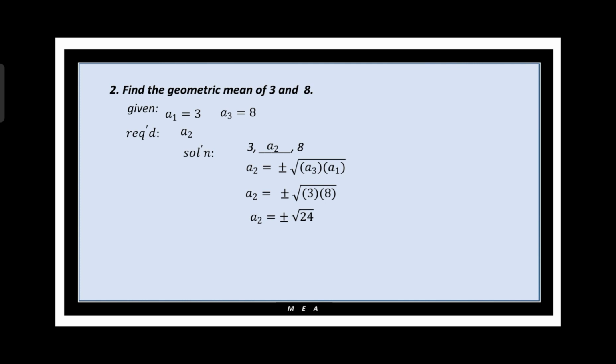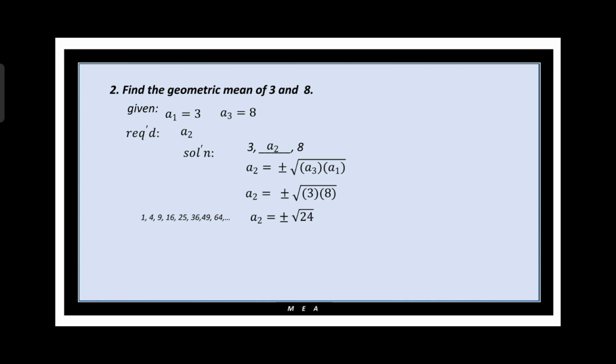Okay, so there is a rule in radicals na para masabi natin siyang simplified form, kailangan wala ng perfect nth root sa radicand inside the radical symbol. So, we know the perfect squares na 1, 4, 9, 16, 25, 36, 49, 64, and so on and so forth.